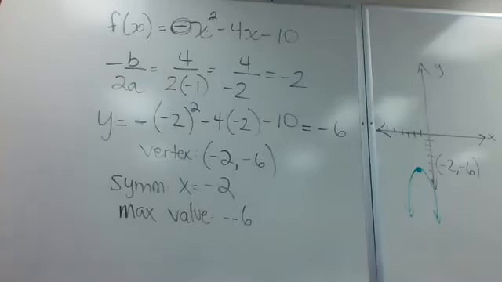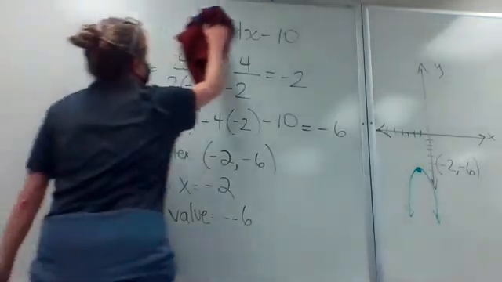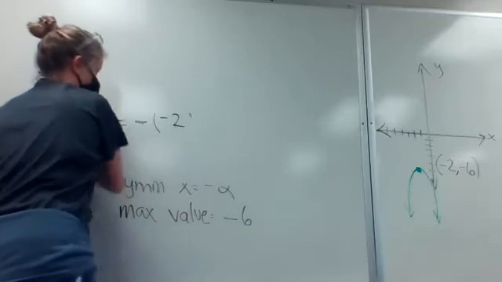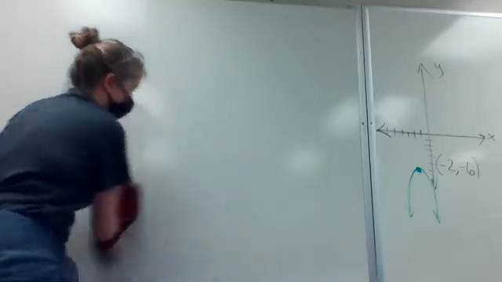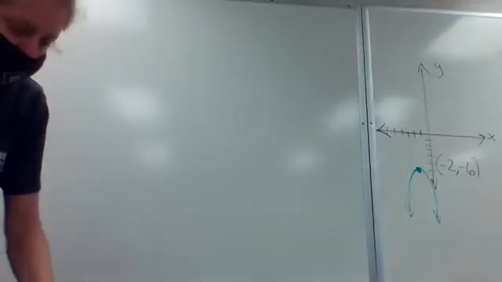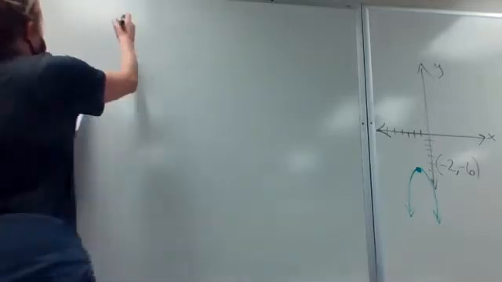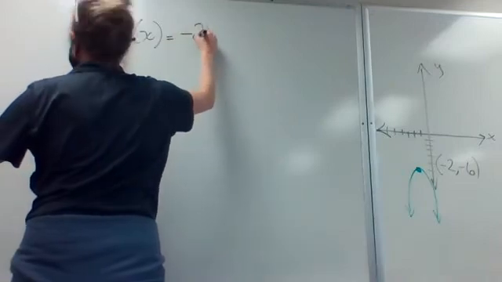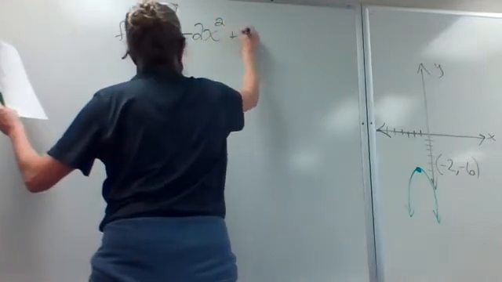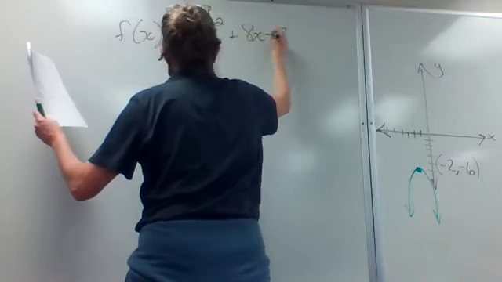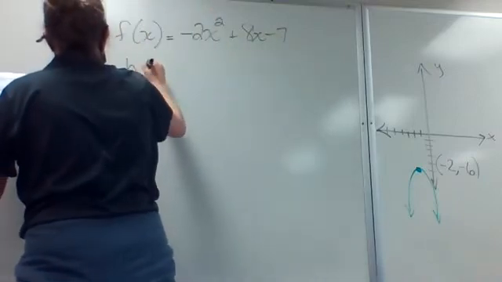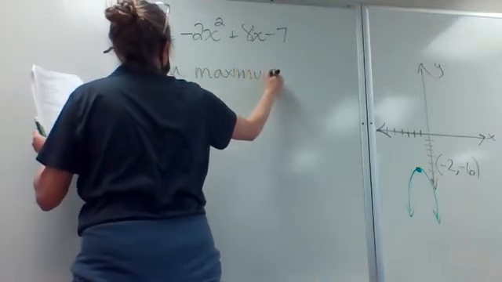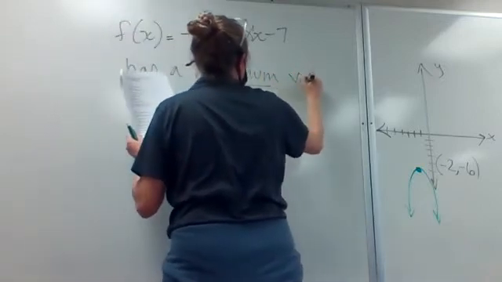Number 5. These next couple of problems are true, false problems. Number 5 says the function f of x equals -2x squared plus 8x minus 7 has a maximum value.